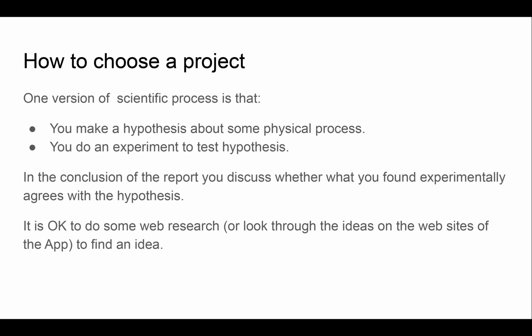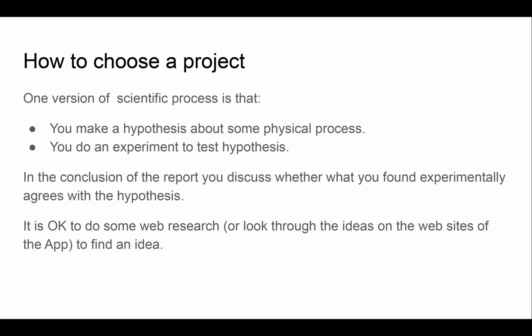Here are some ideas for that. There's one version of the scientific process: you make a hypothesis about some physical process. It could be that you read in a book that the sound intensity decays away as 1 over r squared, where r is the distance from a source, and then you do an experiment to test this hypothesis.